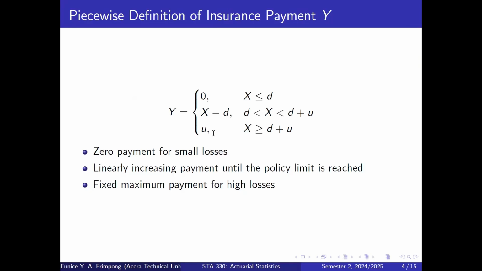This is how we break down insurance payments in the three different instances: 0 payments for small losses, linearly increasing payments until the policy limit is reached, and then a flat payment of U if the loss exceeds D plus U. This piecewise function shows how the insurer's responsibility grows and then levels off.